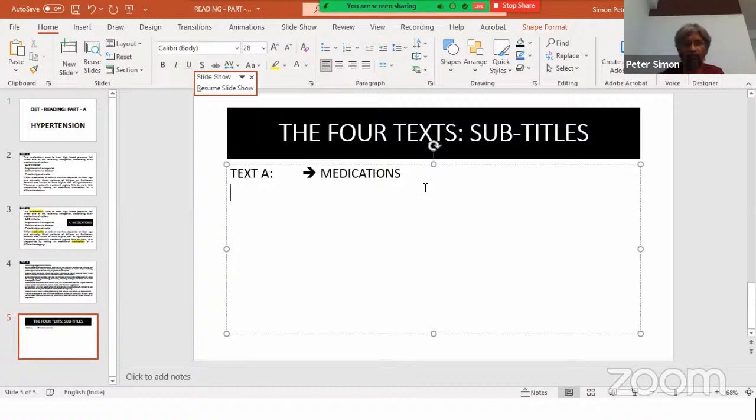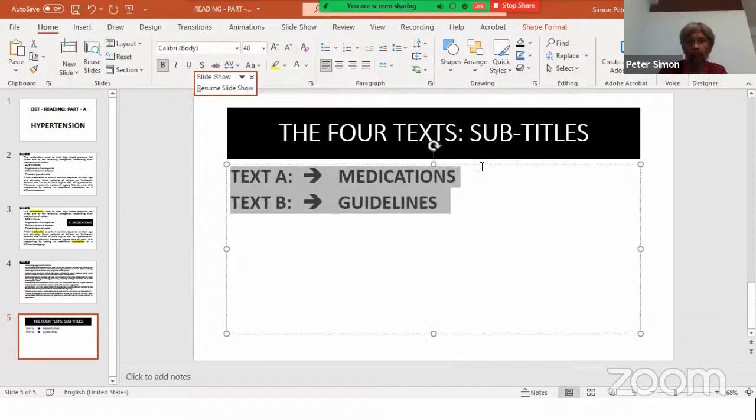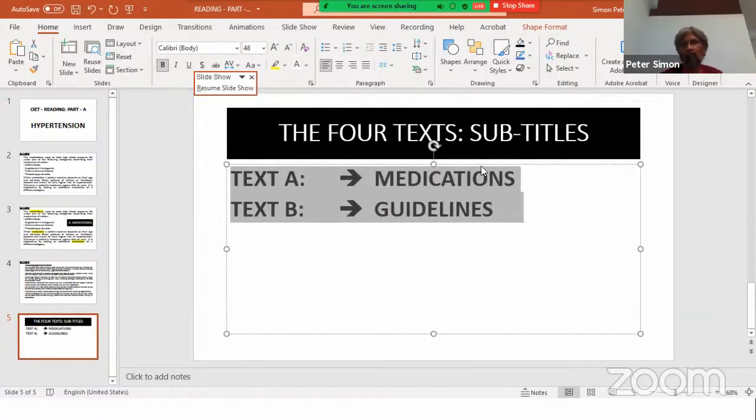Right, guidelines. So here we are. Text B. Text B is about guidelines.